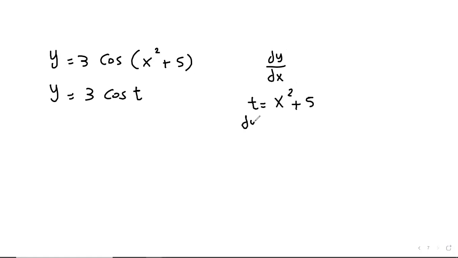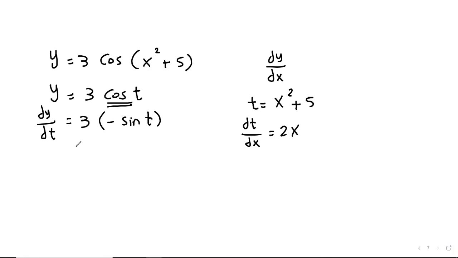Now we can find dt over dx, which is equal to 2x. And we can find dy over dt, which is equal to 3 times the derivative of cosine, which is negative sine t. So we can write it as negative 3 sine t.